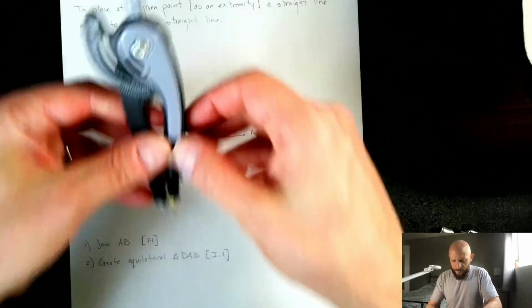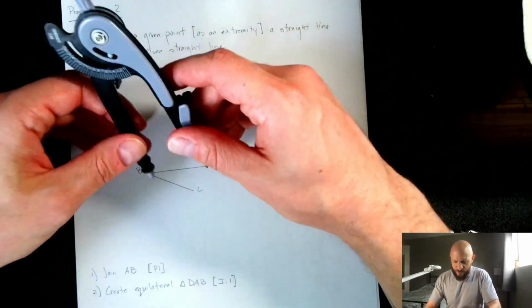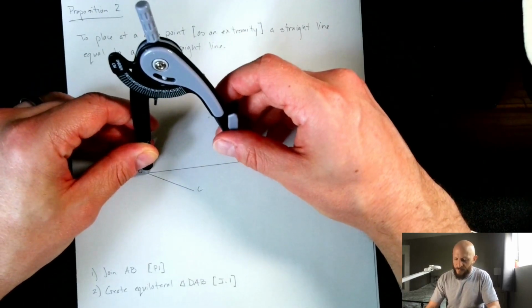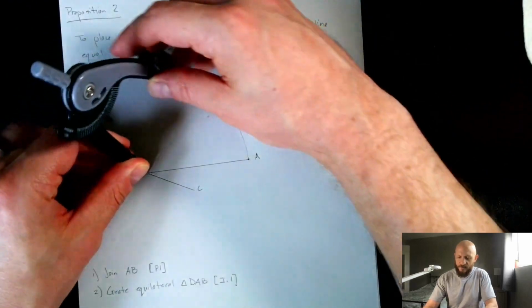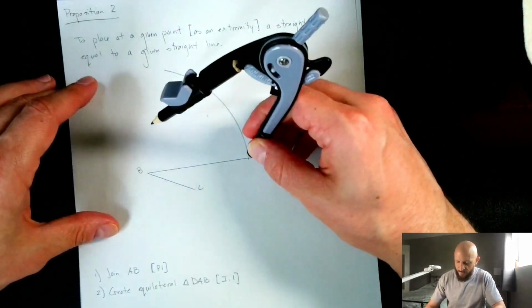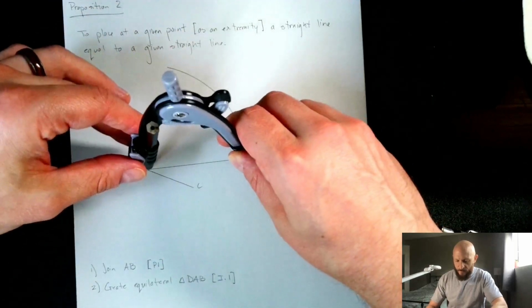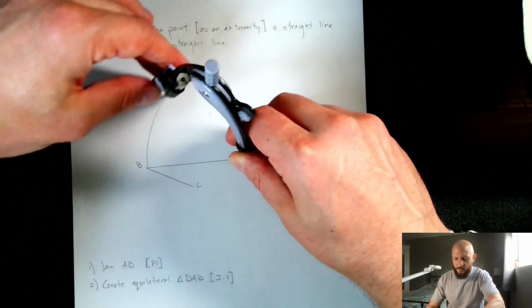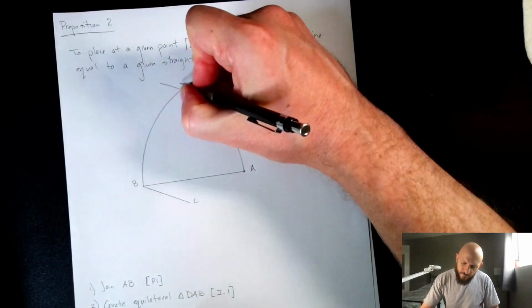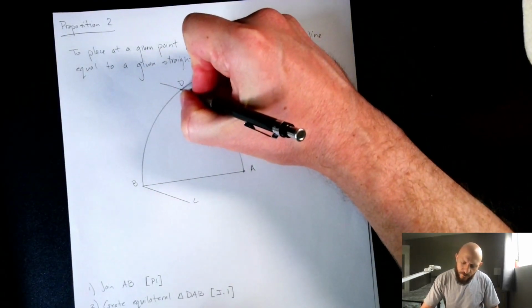Alright, so rather than doing the full construction, which is short, it's just making 2 circles, one with center B and radius AB, the other with center A and radius AB, I'll just do the relevant points that are going to give us the line that we want. I'll do enough to make it obvious what we're doing. Part of what I like about all of these proofs is how pretty they are.